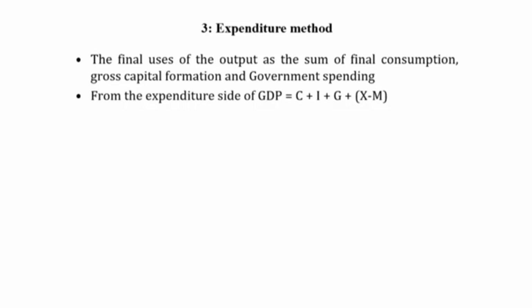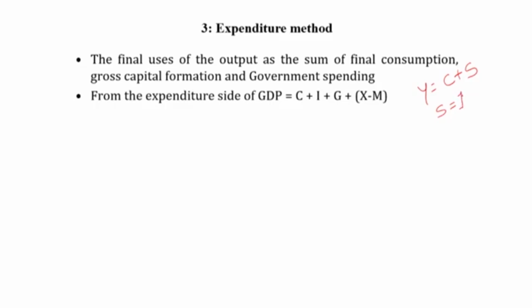So you know that from the household perspective, your total income is going to be consumption plus saving. The saving is eventually invested in the financial institutions, and they will be giving it as loans and advances to the firms.